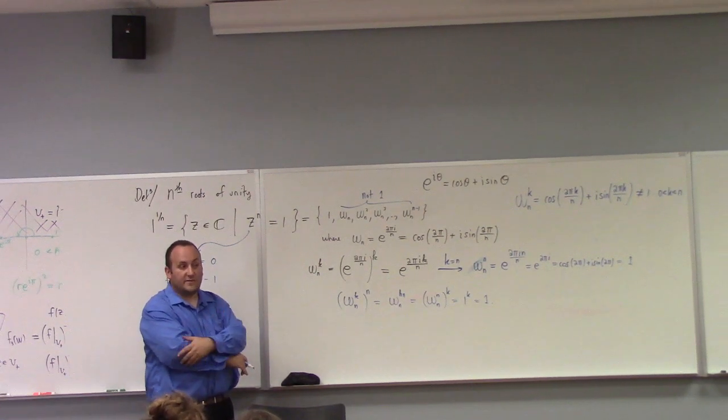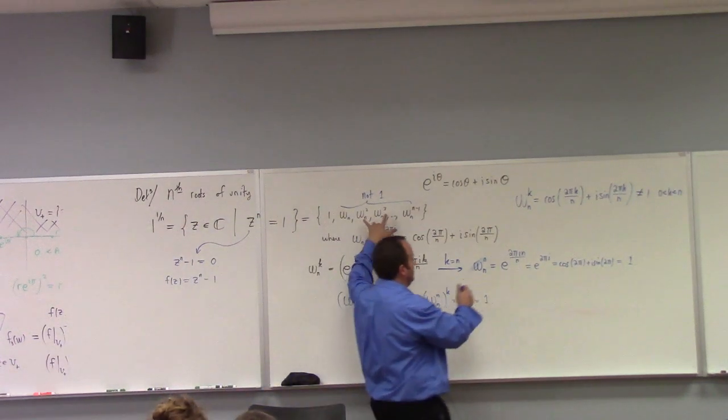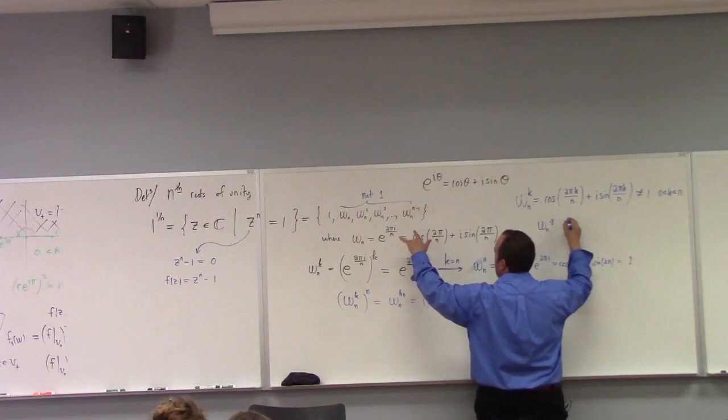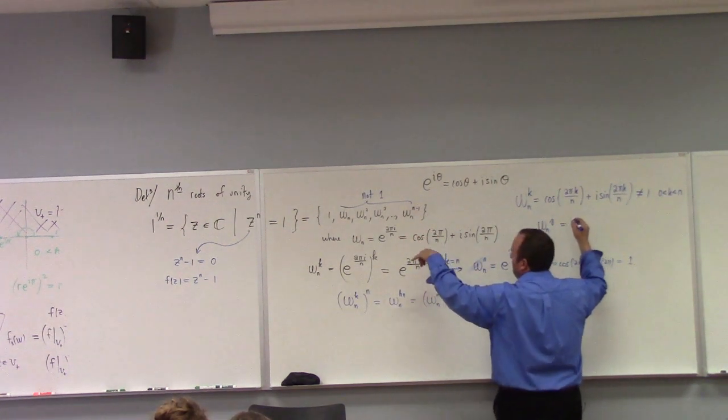Okay, let's suppose that there was a repeat and see where it takes us. What would it mean to have a repeat in this list?